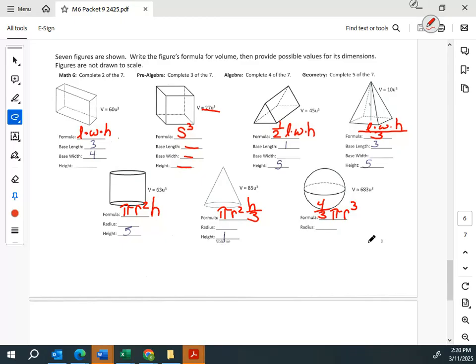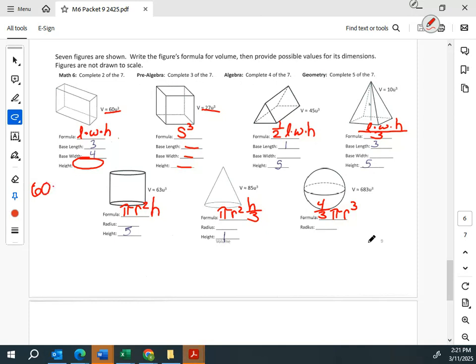Now remember, we want to use opposite operations to find our missing length that we are trying to get. So if we know our volume of our rectangular prism is 60, we know the formula is the volume equals length times width times height.